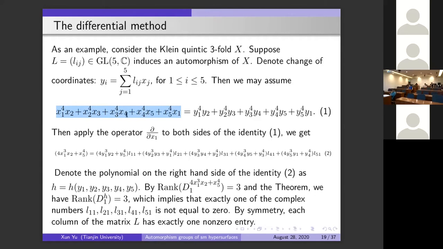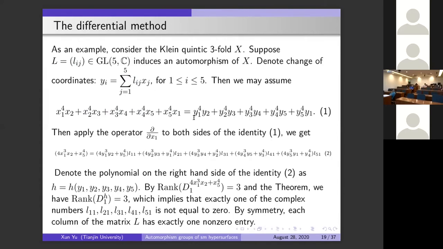If we can show that, we find all possible automorphisms of Klein. To do that, suppose you have an invertible matrix L, and you do a linear change of coordinates, and you put y_i the resulting coordinates, and then you have those two equal because they preserve the polynomial.